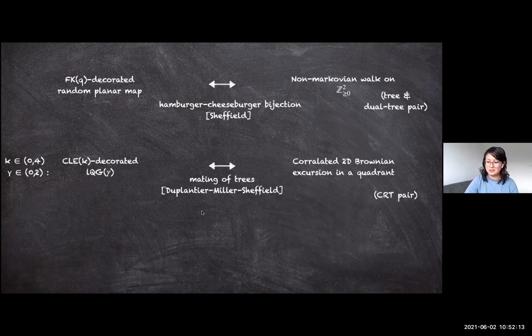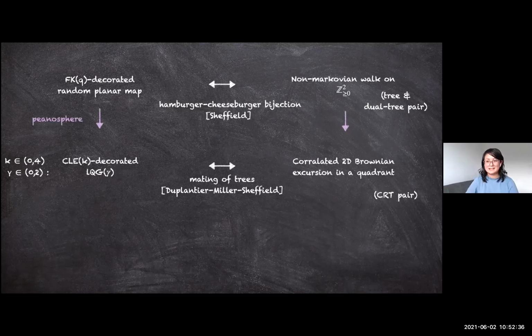So Duplantier, Miller, and Sheffield define a lot of tools to make sense of what would be the equivalent of having these 2 trees that specify a correlated Brownian excursion and correspond to this CLE that decorates a Liouville quantum gravity.